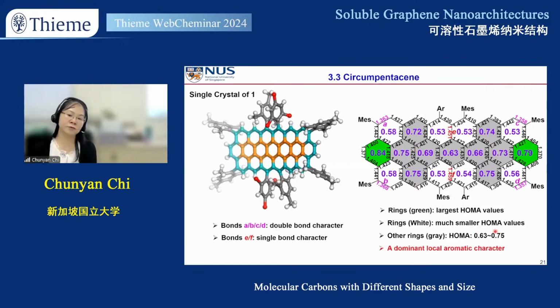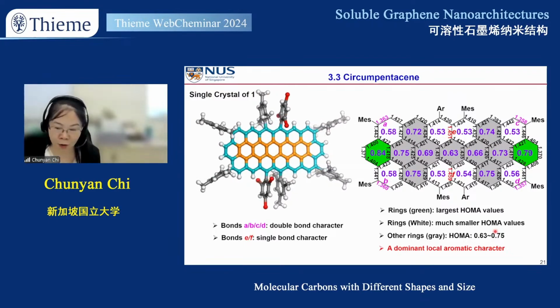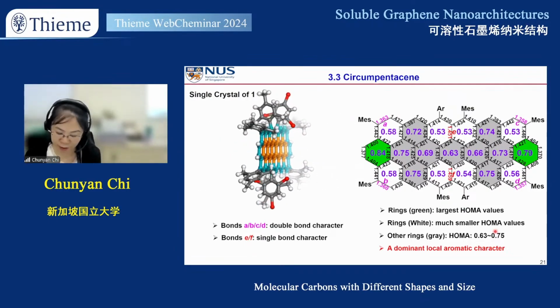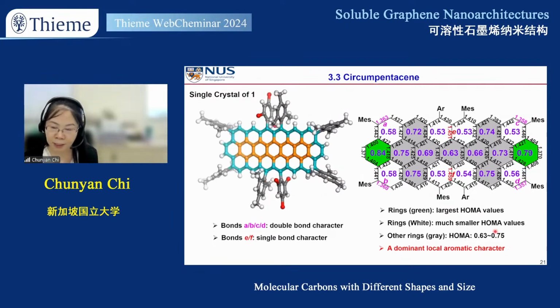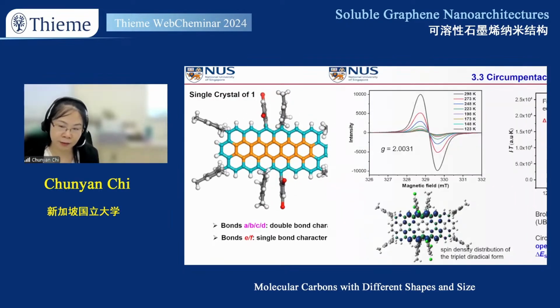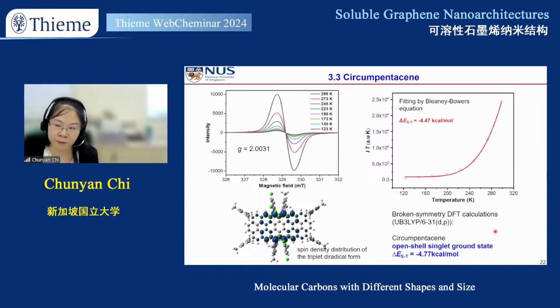So that means the neutral molecule has a dominant local aromatic character. Then we also measured the VT-ESR, and this molecule indeed shows an open-shell diradical ground state. The singlet-triplet gap is around -4.47 kcal per mole, so it's similar to the calculated data.